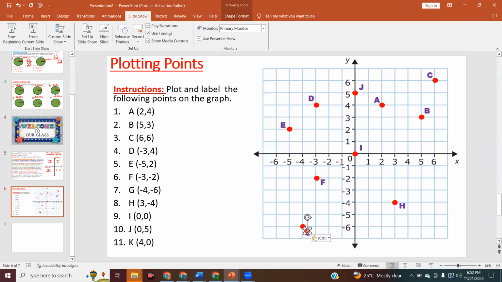What is 4, 0? You gotta count from the x-axis. Start at 4, and then go straight to 0, like this.